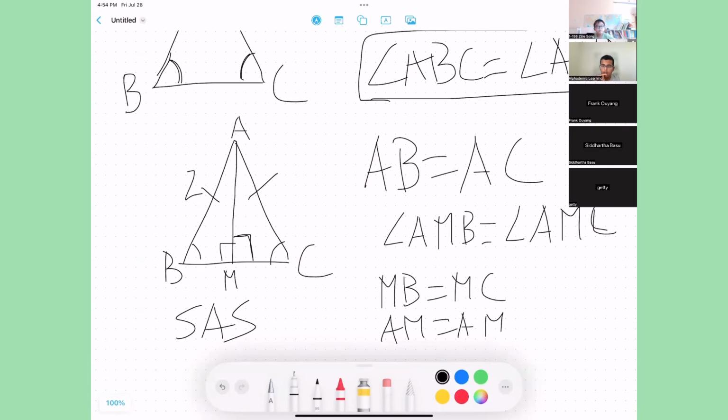So in the isosceles triangle, the sides are the same and the angles are the same. Yeah, that's SSS. That works.